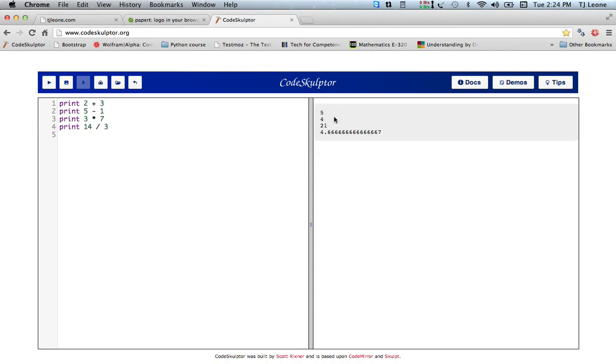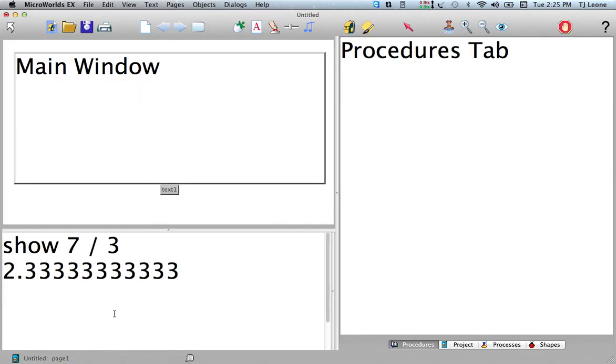Okay, so you see we have all the answers, and you notice just as in MicroWorlds, when we did a division that didn't exactly work out, we got this fractional, this decimal piece, right? And this is a long repeating one. We know mathematically that these 3's go on forever, but there's only so much space on the computer, so they limit how much space they give to each number.